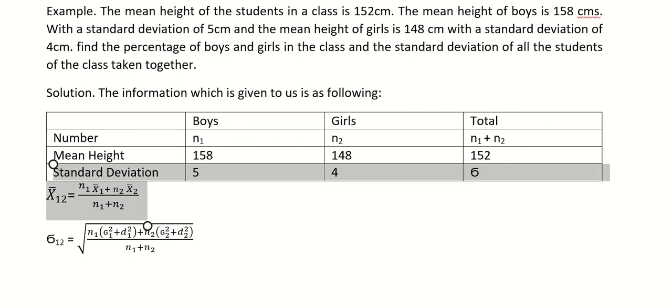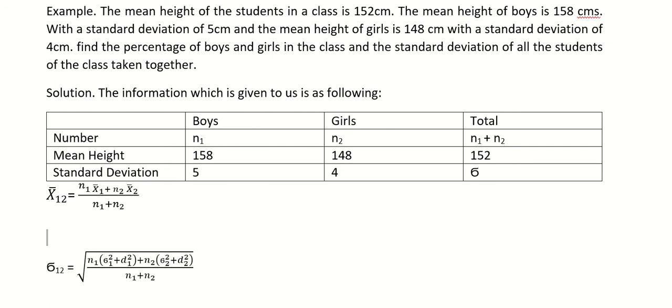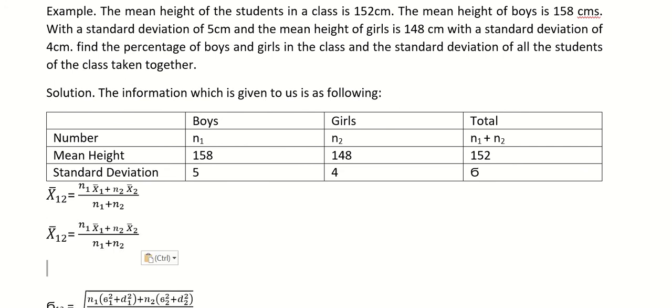So here is the formula for combined mean. Combined mean x bar 1 2 is the combined mean of 1 and 2. n1 is the number of observations in the first data set. So this is not given to us. Number of boys is not given to us here.